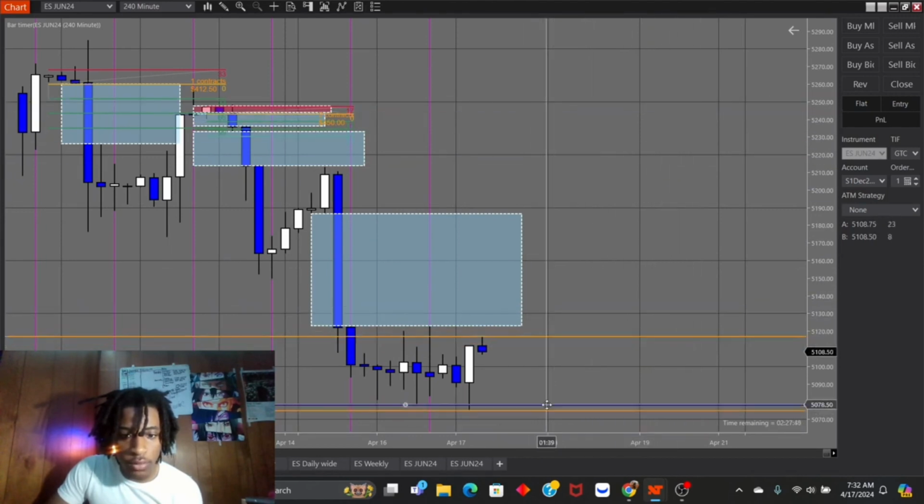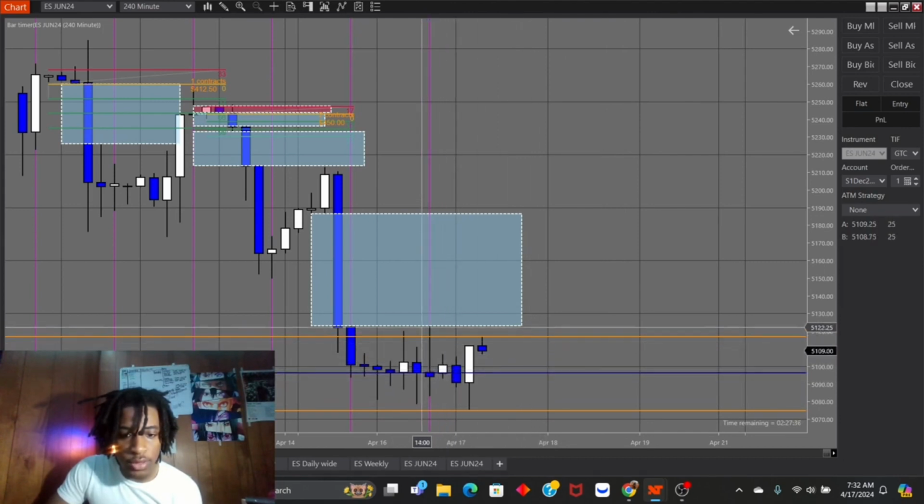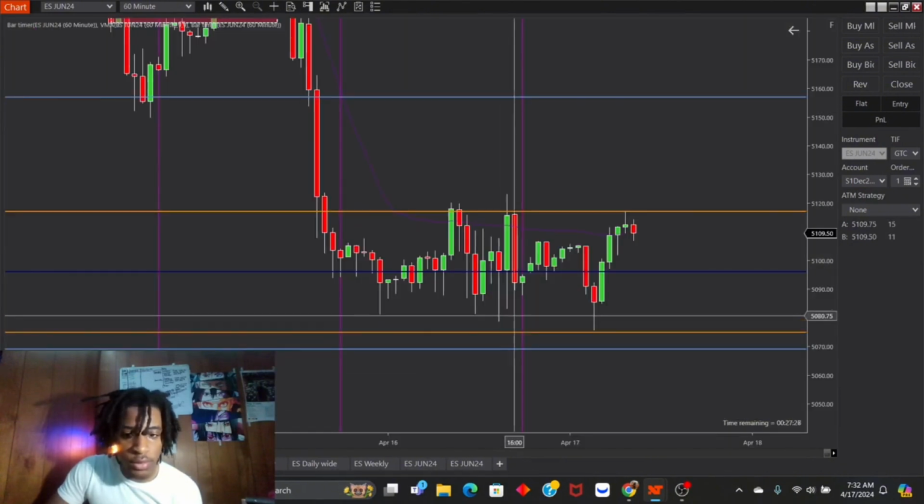This is my overnight candle. You put this at the low of the first open candle. So wherever the first candle of the day started, which is this one. See, this one happened on the line, so you don't do this one. You do this candle. You put it at the start of this candle. And that's all we got for the 4 hour and hourly.